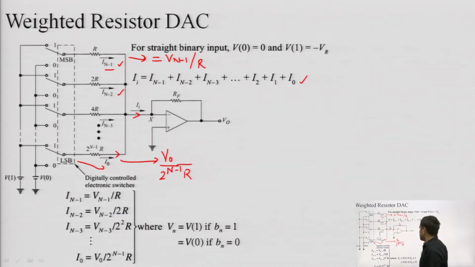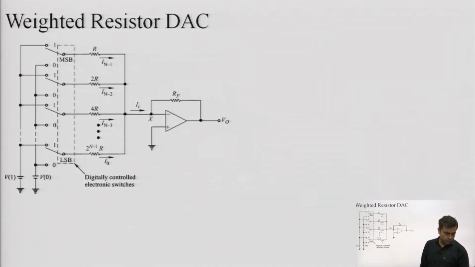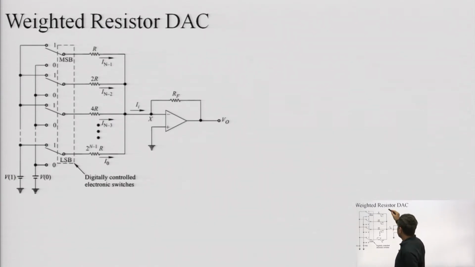But the main thing is how these currents are going to be summed together by this op amp. For that we will consider the individual branches. So let us proceed to that section now. As we have already seen, the gain of this configuration is equal to minus Rf upon R1.